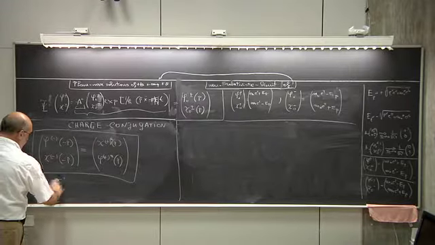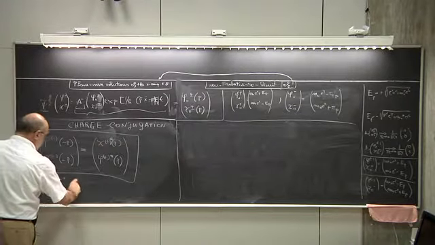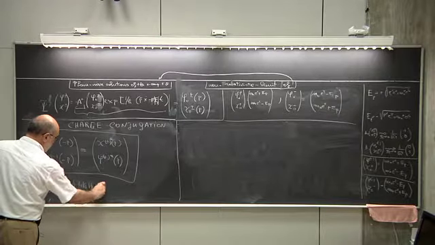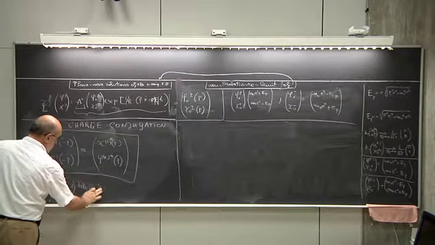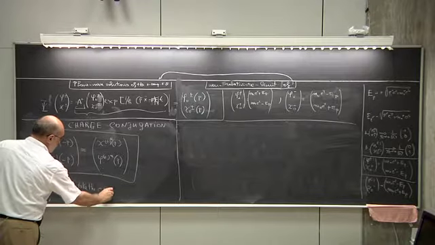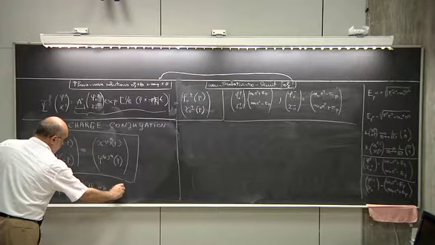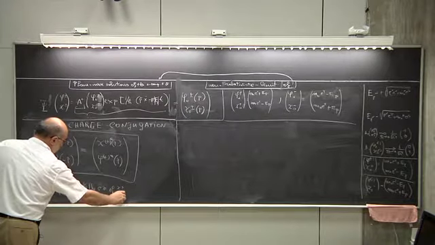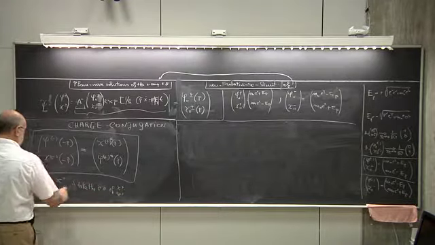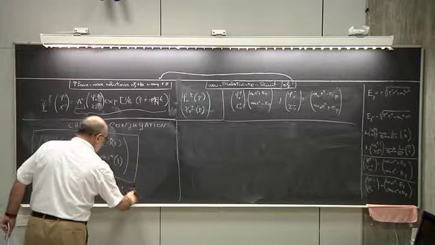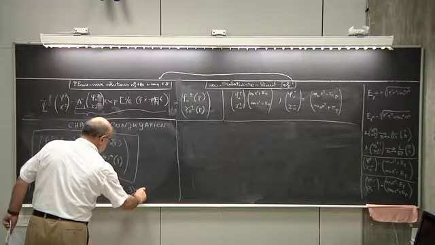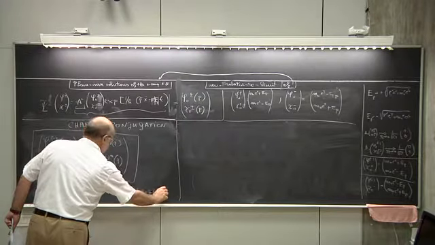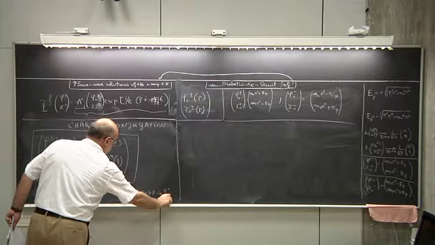So this is the first operation. Second, take the star, or take the complex conjugate of chi plus and phi plus. Third, take minus p in phi minus, chi minus.